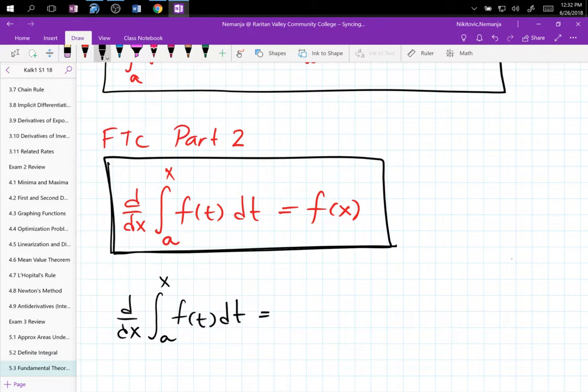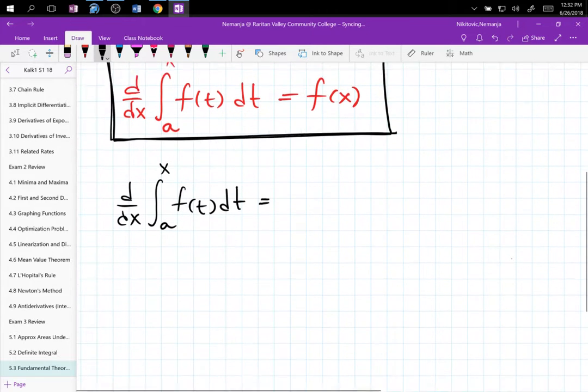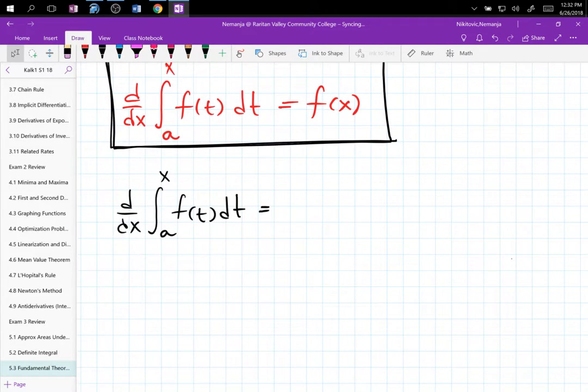Now I'm using t as the variable. We can put any variable there; it doesn't matter. And when I integrate f of t, I'm going to get capital F of t. That's the antiderivative, right? And that antiderivative will be computed from a to x.